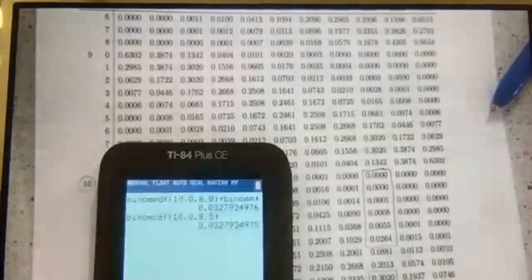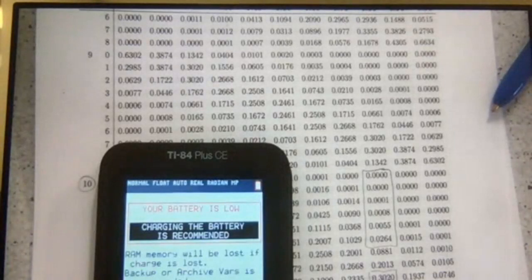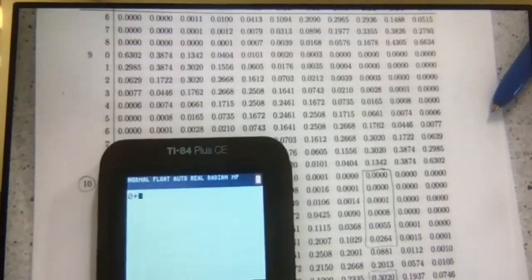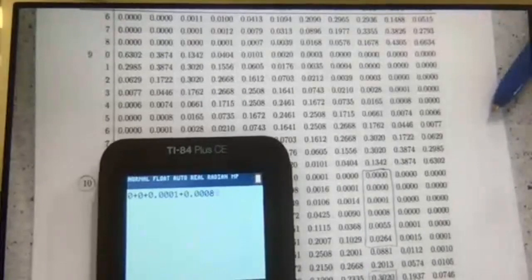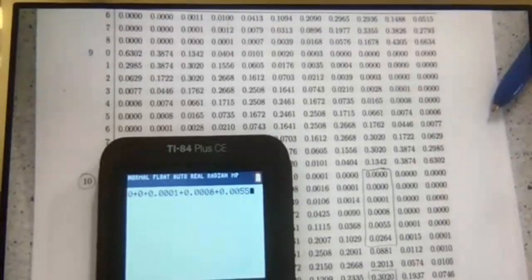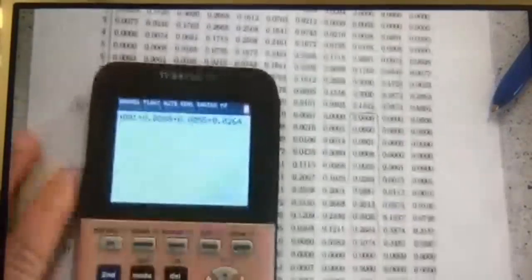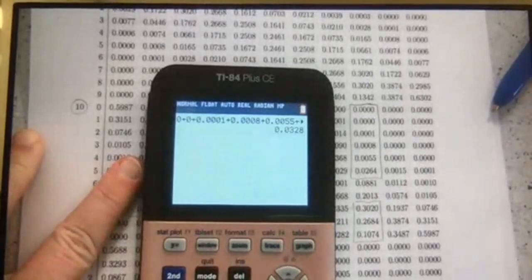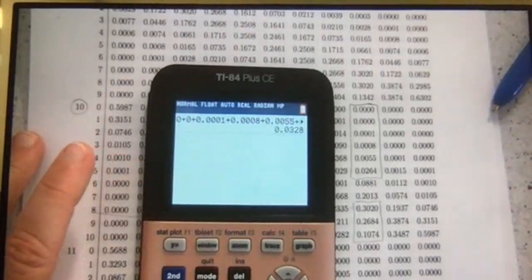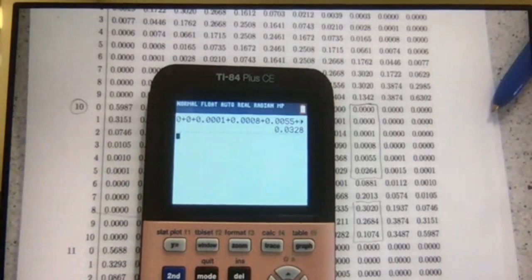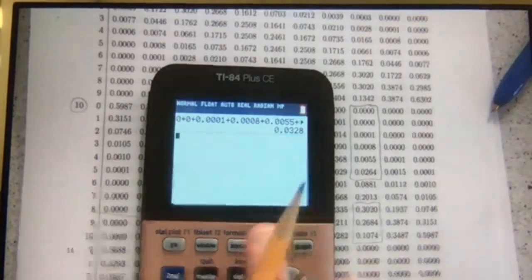So here's what we're adding up: 0 plus 0 plus 0.0001 plus 0.0008 plus 0.0055 plus 0.0264. So just adding up all of those probabilities that we circled, and it gives you the same thing, 0.0328. So if you like the table, if you like the calculator, you do you.